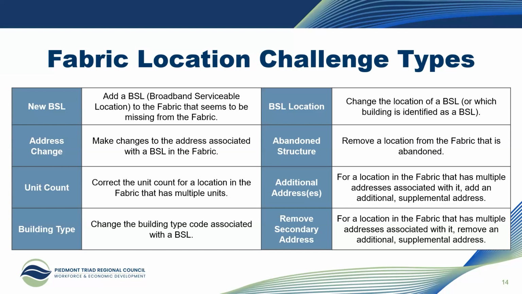If there's an abandoned structure that the online broadband map says has internet, and the house is no more or abandoned, it should be removed. So that would be a challenge. There are also additional addresses and removing your secondary address. These would be for anything where you have a parcel with multiple addresses on it, which would be considered secondary addresses, to make sure that they're linked with the one specific point on the map. Next slide, please.